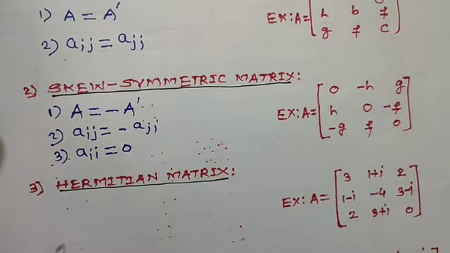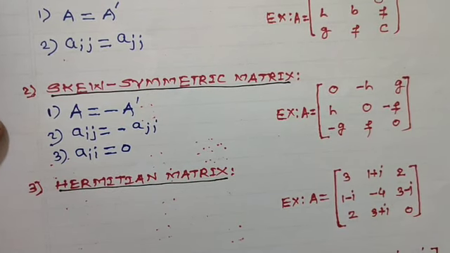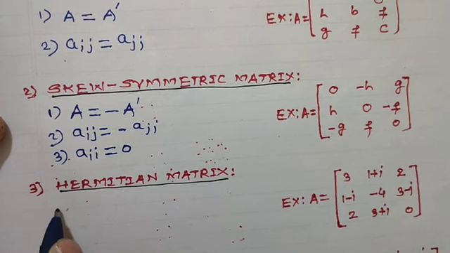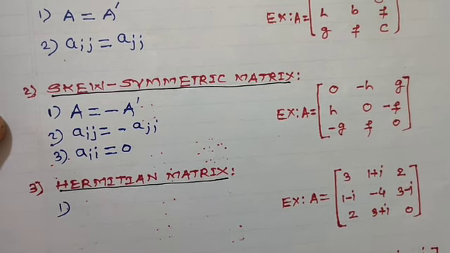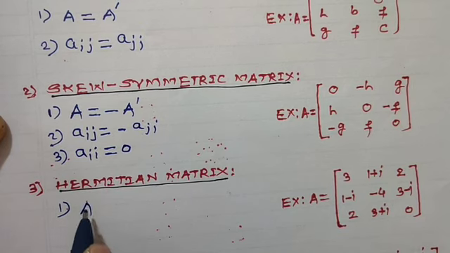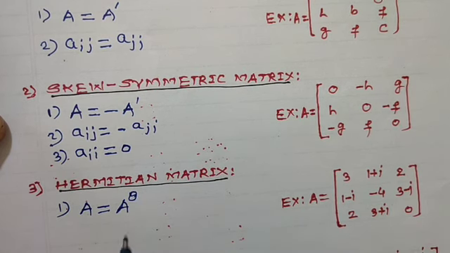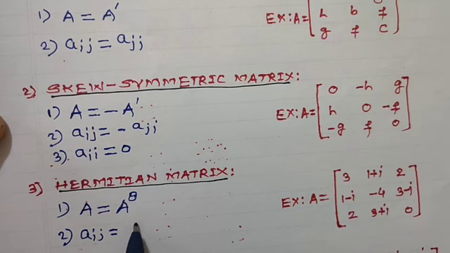And then this is the third type, Hermitian matrix. A square matrix A is said to be Hermitian if it satisfies condition number 1 in terms of matrix, that is A is equal to the conjugate transpose of A. And number 2, the second condition in terms of elements: a_ij, the element lying in ith row, jth column, is equal to the conjugate of the element lying in jth row, ith column.